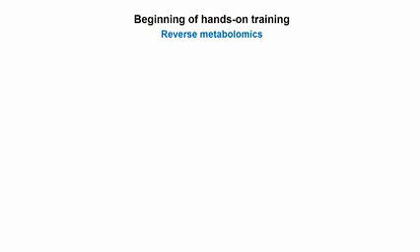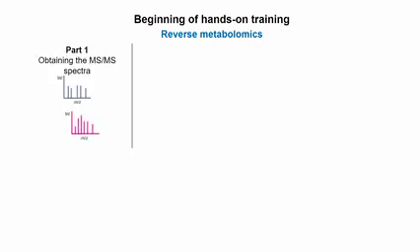Thanks, Vincent. So now we will start the hands-on for the reverse metabolomics part. As we already learned from Vincent, the first thing that we need is an MS spectra. That is the first part of reverse metabolomics.